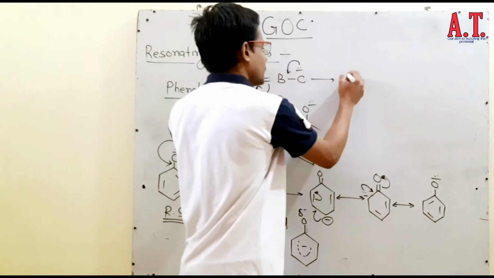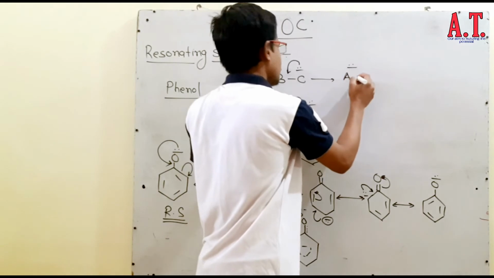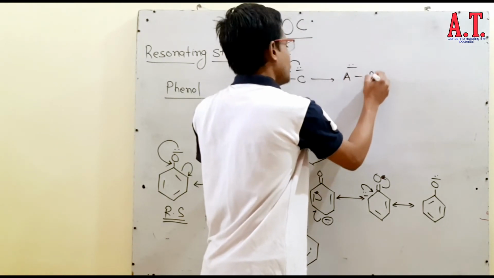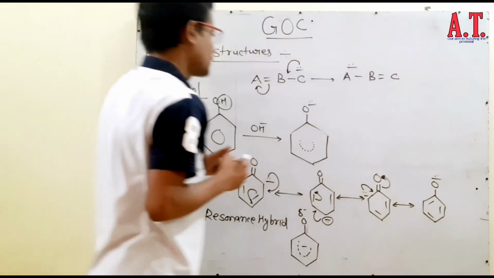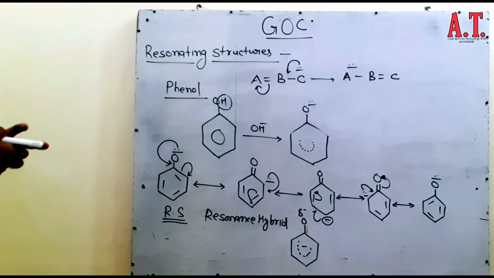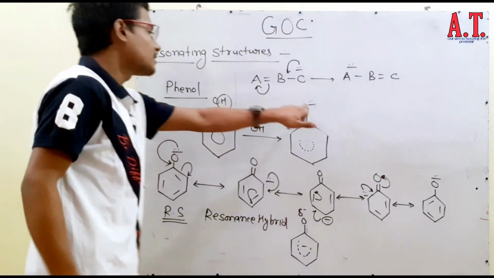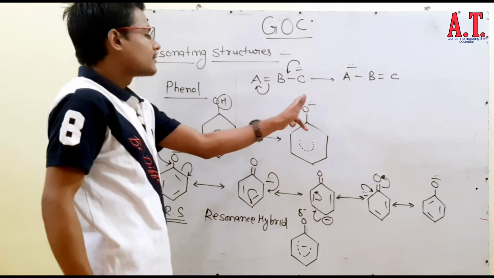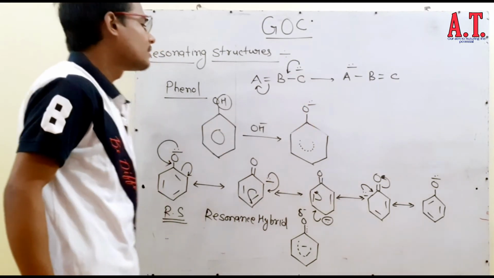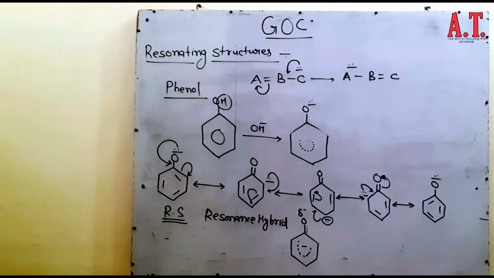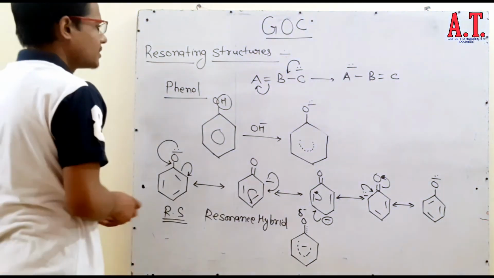It will be A negative charge, B double bond C. This is the case of a negative charge. Here the negative charge acts as a lone pair as well, so there is no way to confuse it.